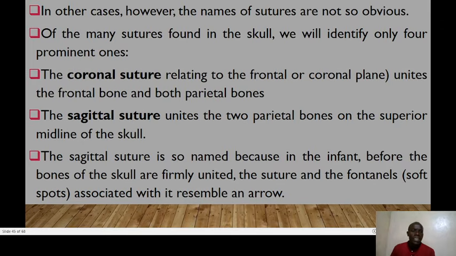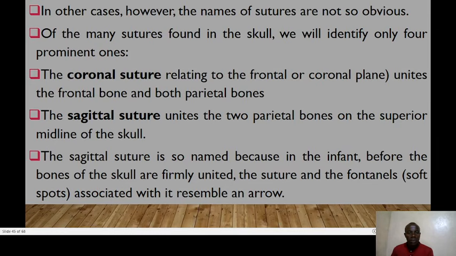Of the many sutures found in the skull, we will only identify four prominent ones. We have the coronal suture, relating to the frontal or coronal plane. It unites the frontal bone and both parietal bones. We have the sagittal suture.